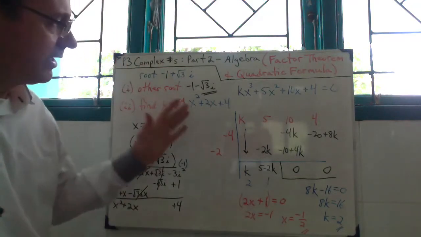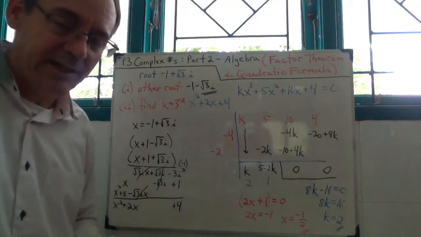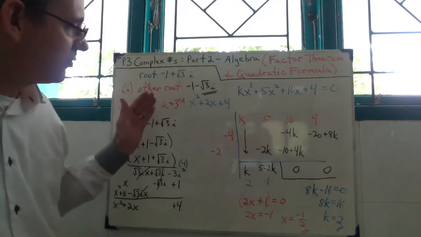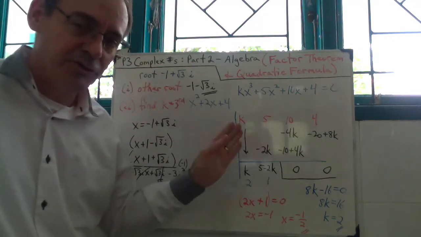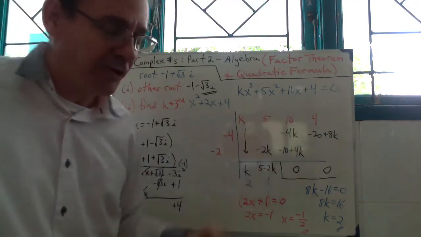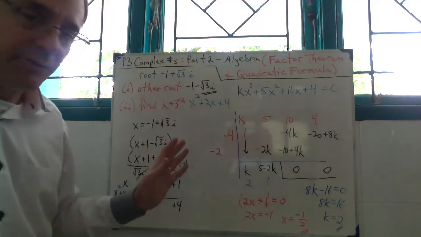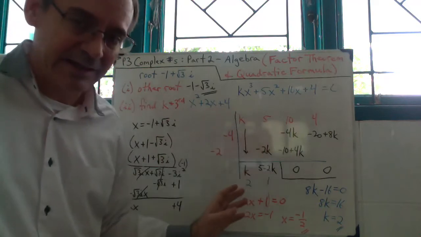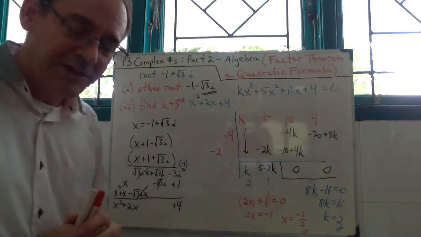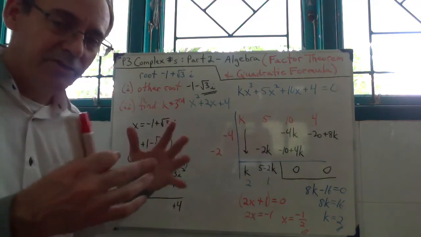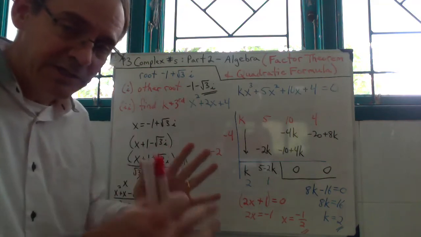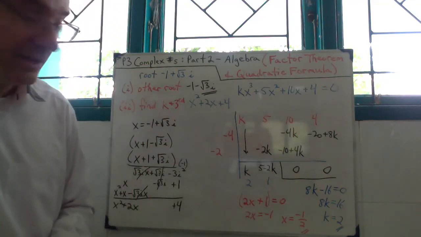Okay, so in this one, instead of evaluating a function for the factor theorem, we chose to use synthetic division, because we needed to find the third root and we needed to solve for a variable. So depending on how the question is asked, you could use either one, the function evaluation or the synthetic division.